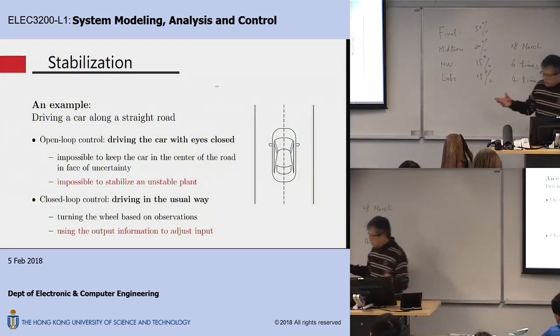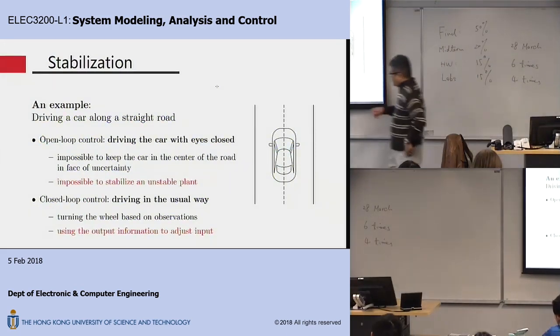He doesn't really need to see anything. He can drive the car with eyes closed. Basically, he can compute what he needs to do in advance. If that's the case, we say it's open loop control. There's no feedback. You don't need to do observation.